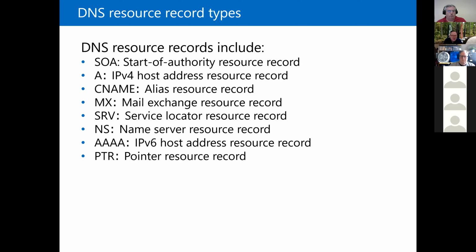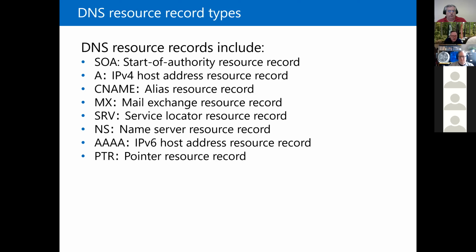And then there's an alias resource record, CNAME. MX is a mail exchange resource record. So whatever mail server you have, if you need to find that so you can get to your email, it provides that to resolve to the actual IP address of the mail server.